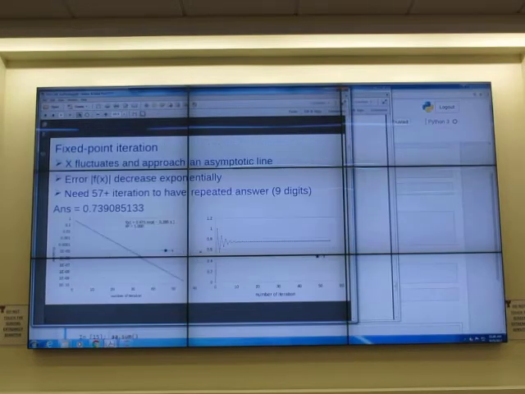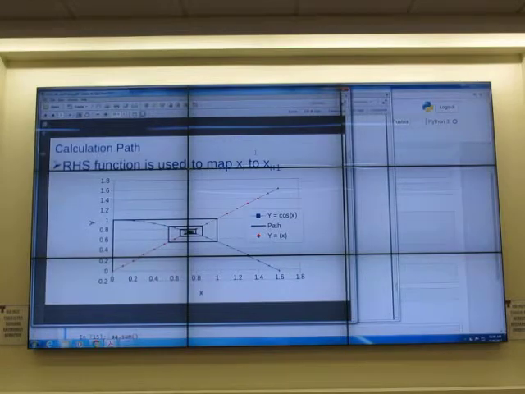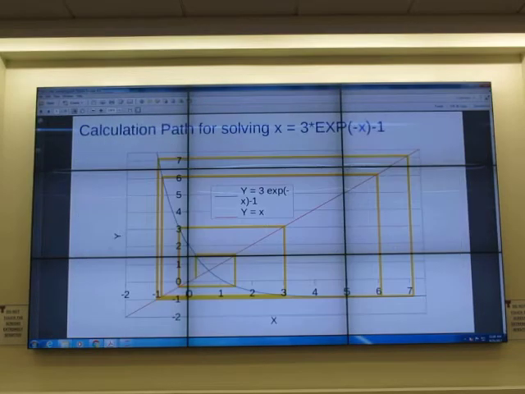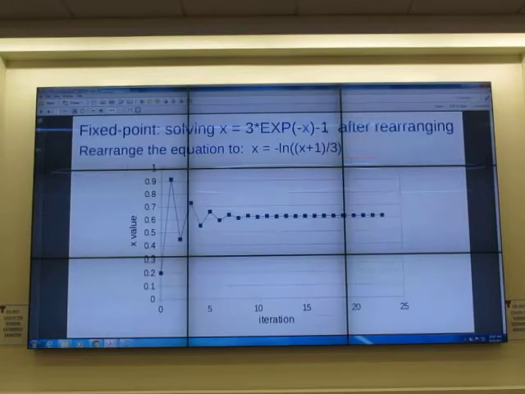Alright, root finding operation. Last time we talked about this: fixed point iteration. Sometimes it converges, sometimes it diverges. And we talked about this example where, for this case, it diverges. Fixed point iteration is when you write x equal to something, and you keep putting a value into the right hand side, and take the output from the right hand side as a new x, and keep putting it in the right hand side.